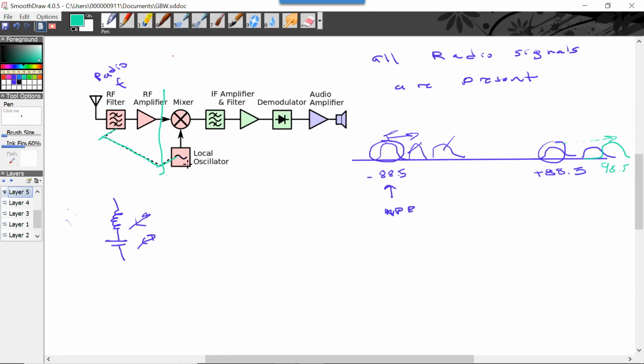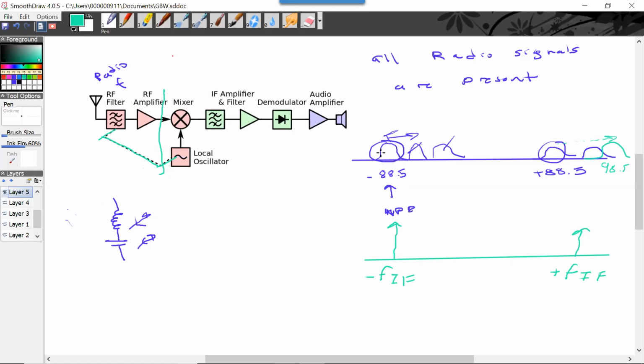But rather than before, where you multiplied it by the exact frequency that you had before, you're tuning it so that what comes out of here is an intermediate frequency.